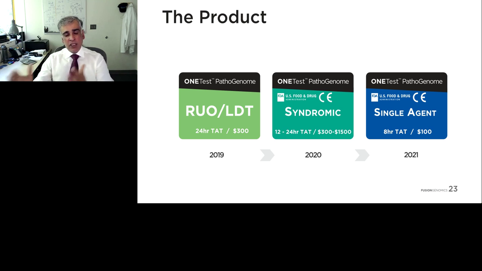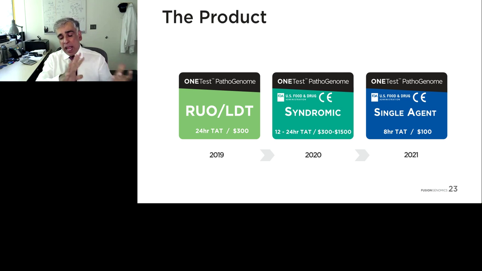And somewhere down the road, the reason it has to be RUO is, as I mentioned, you can certainly try, but having an FDA-approved assay for $1,400, I don't know how long it will take. So it will also have an FDA, CE, Health Canada approved version for specific syndromic conditions like sepsis, GI, and all of that.